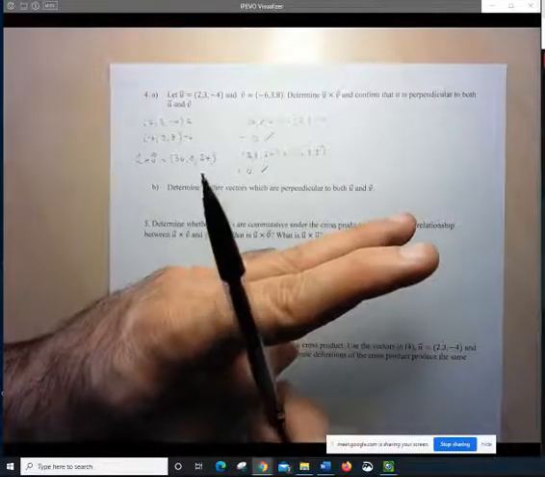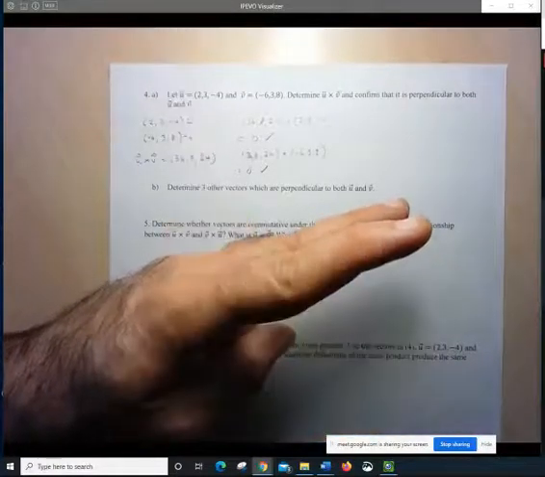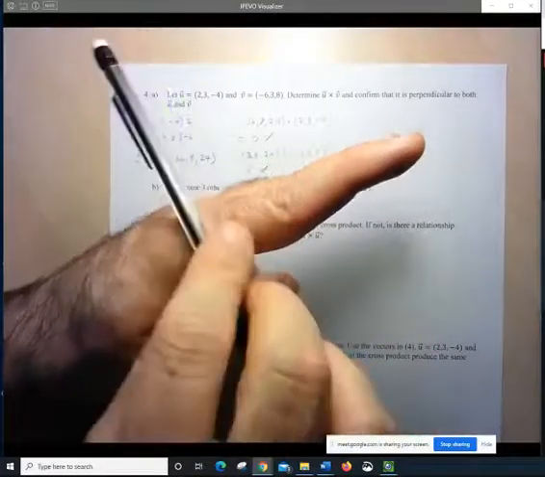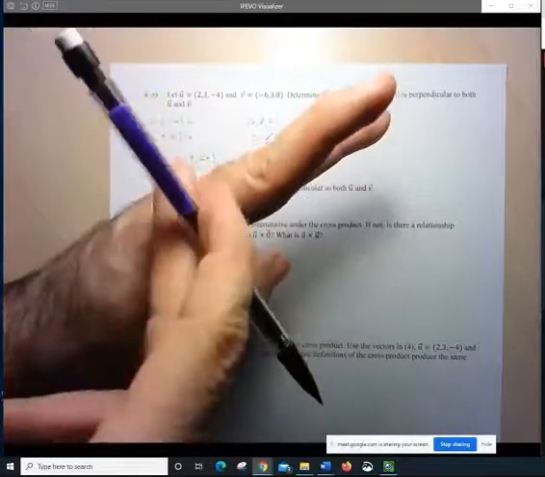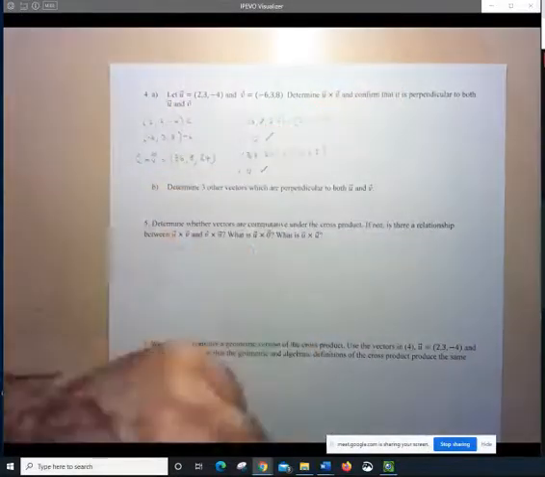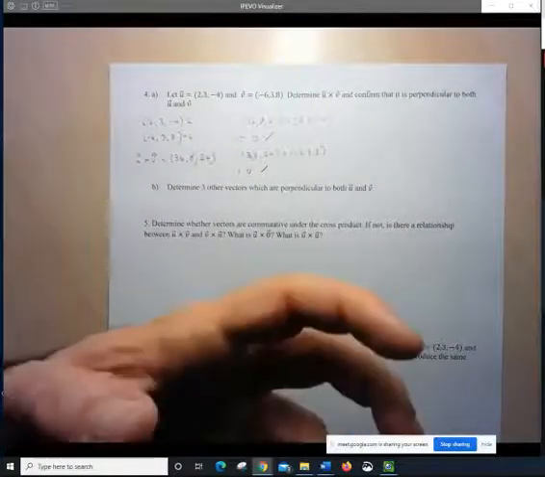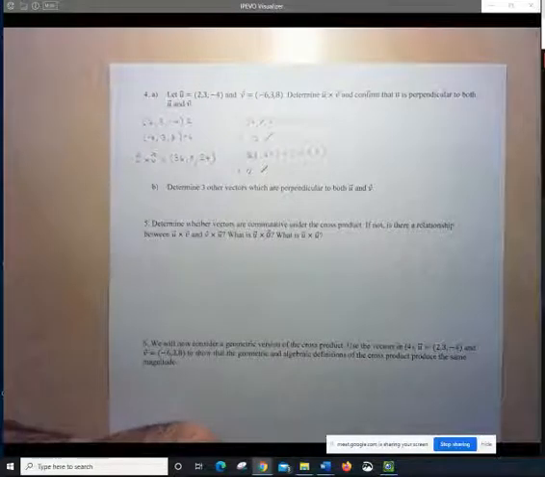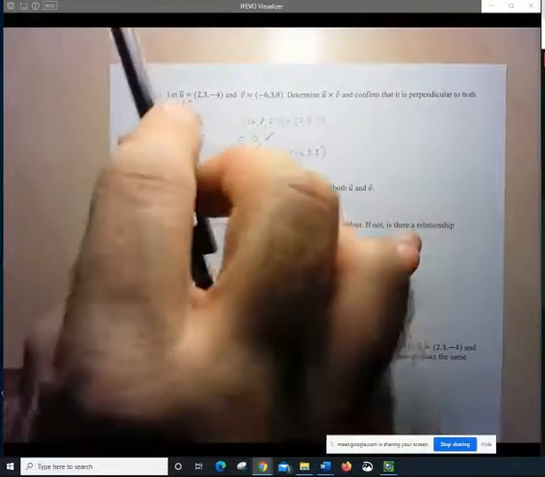But if I just make that longer and longer and longer, it's still perpendicular to both vectors. And even if I take the vector in the other direction, I notice that any multiple is going to be perpendicular to both of those 2 vectors. So essentially what's produced is just all the vectors along that same line.